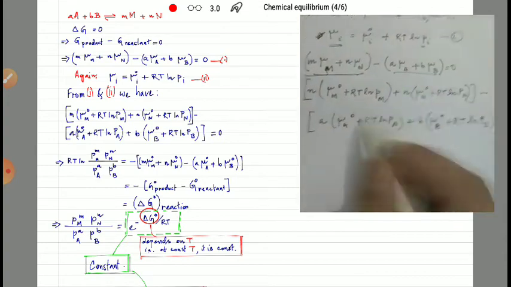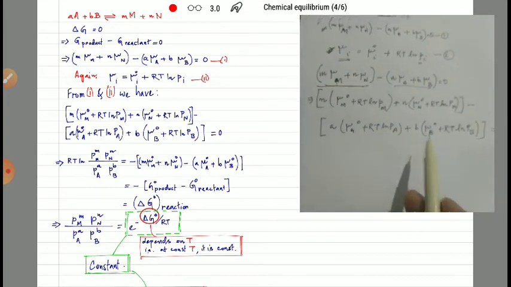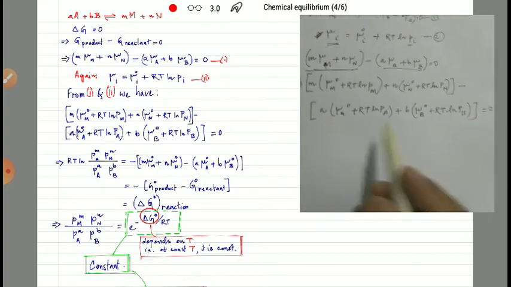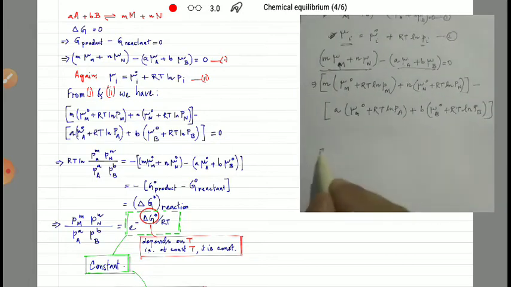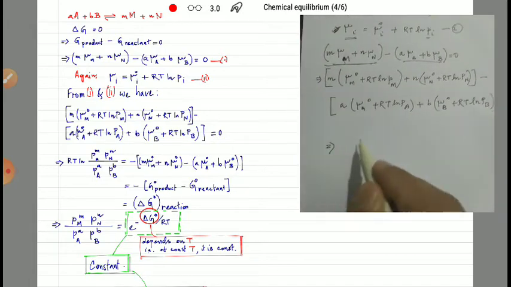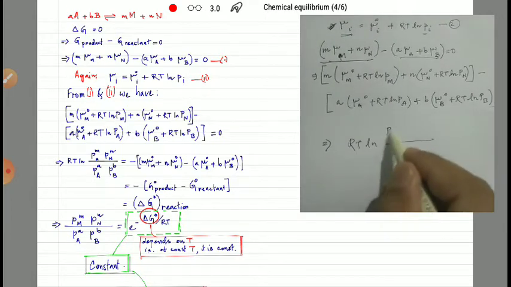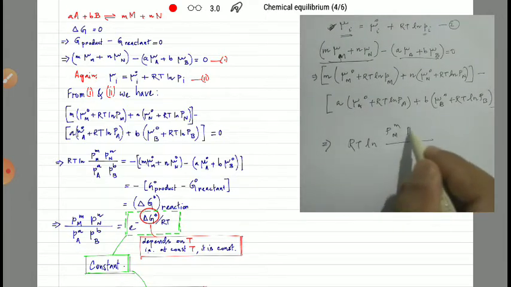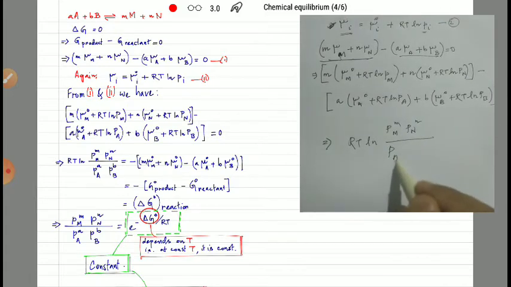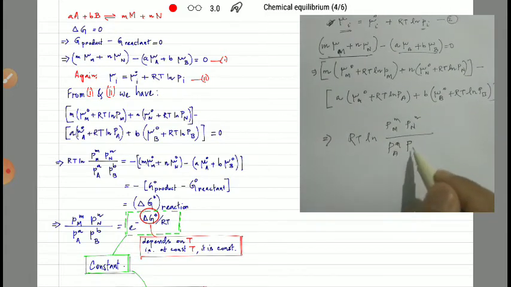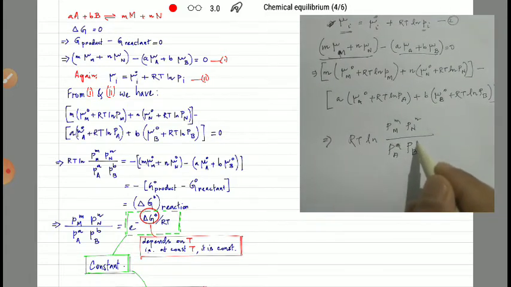So the second part is also done. Now if you simplify this equation, you will get RT ln of p_m to the power m, p_n to the power n, over p_a to the power a, p_b to the power b.